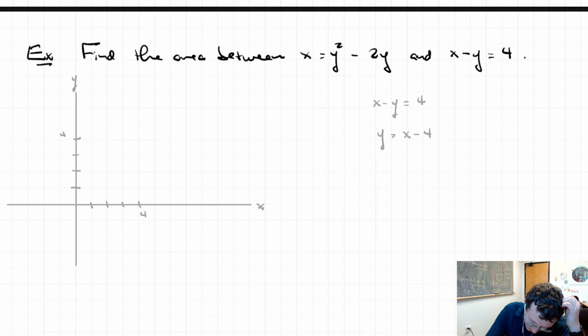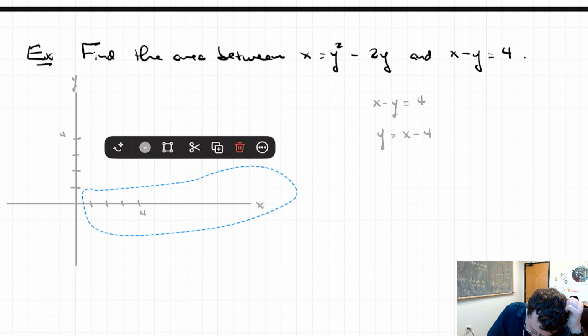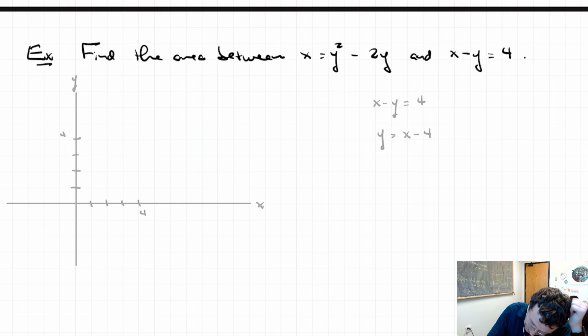Which, oh, that's not quite right. I didn't know in advance where I needed to draw the axes.